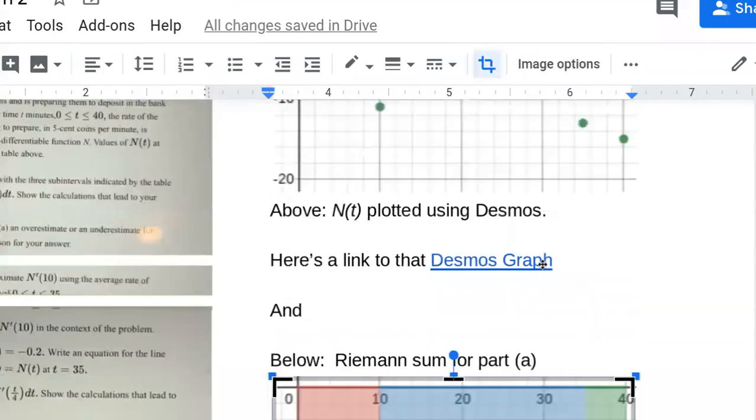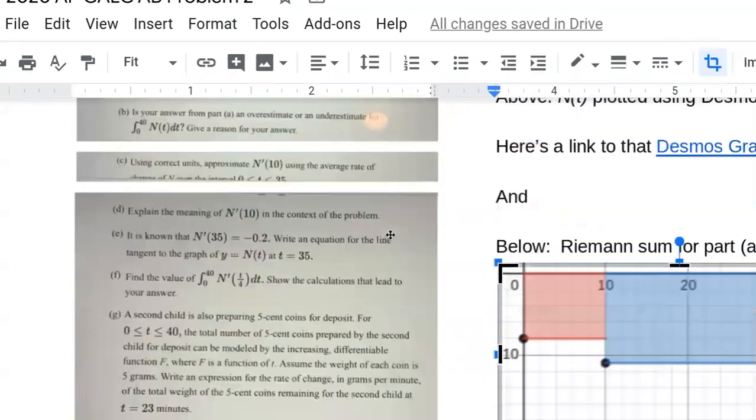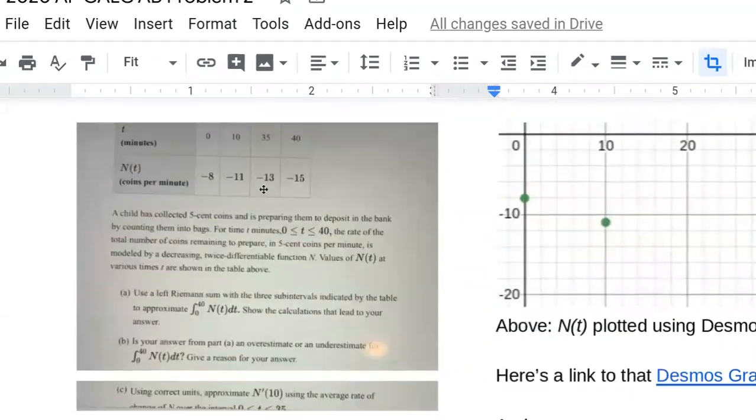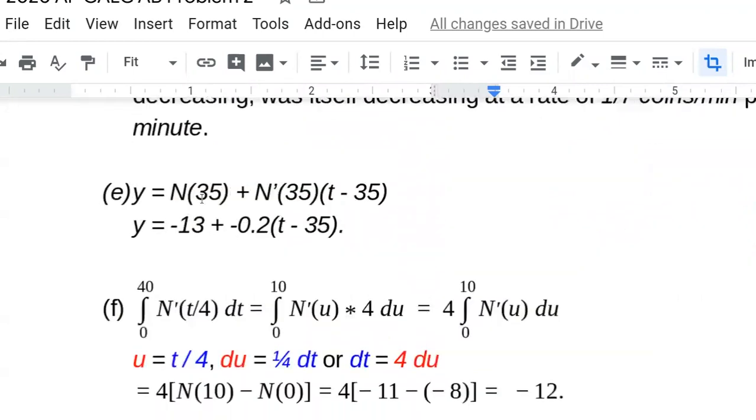Is that it's t equals 35. We have the value at 35 is -13. So it's point slope, right? Yeah, this is the initial value. This is the slope. This is our change in time.